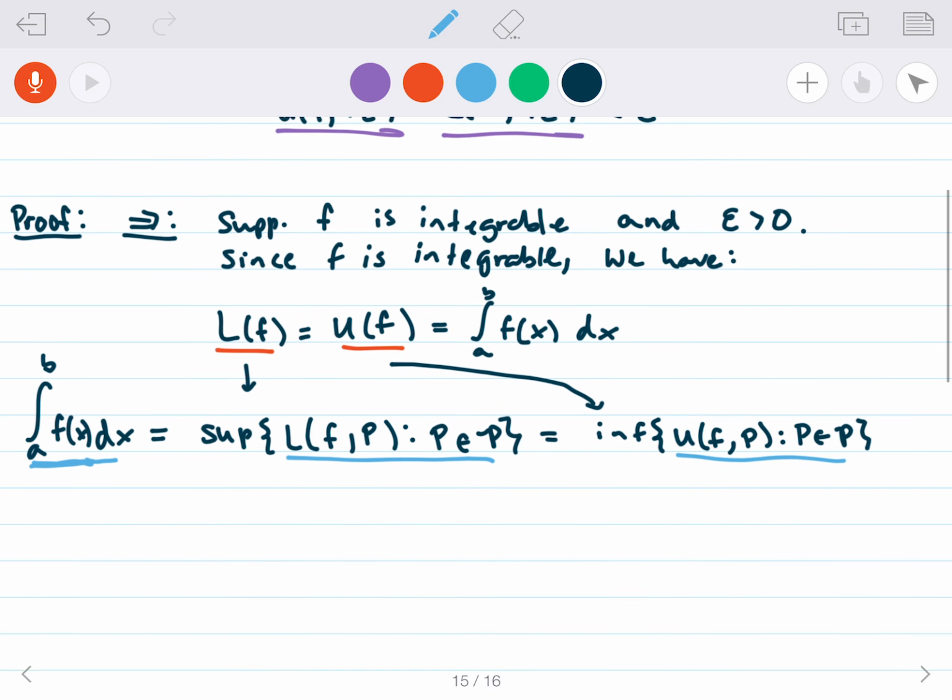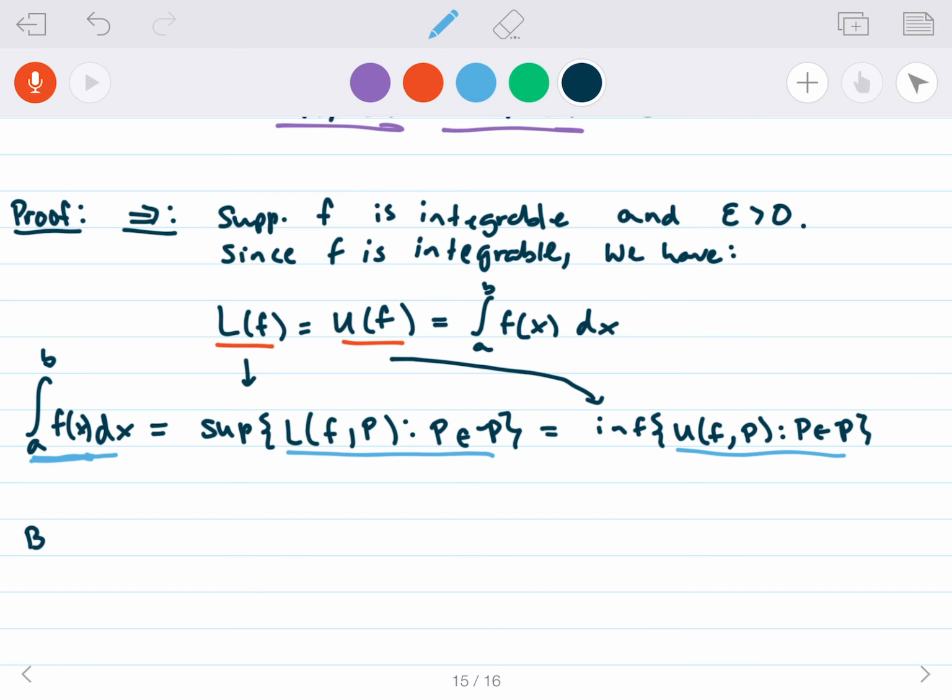Okay, so by the supremum analytic theorem that we just reviewed, I'm going to call this set B just to be consistent with my notes, and this set A.